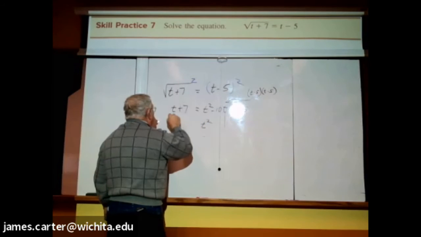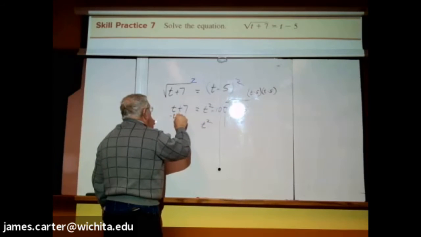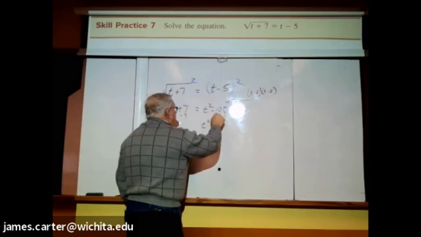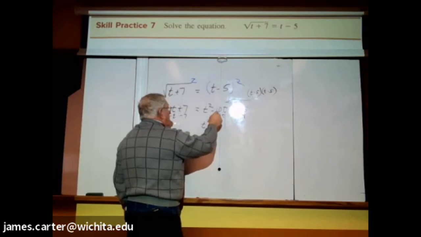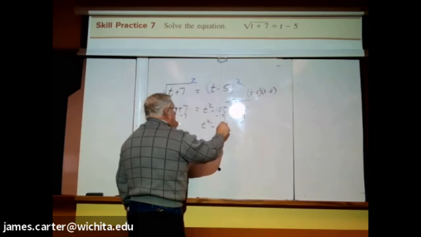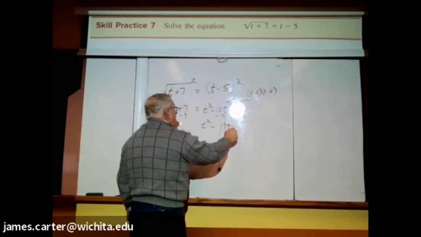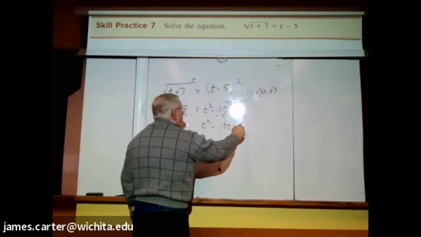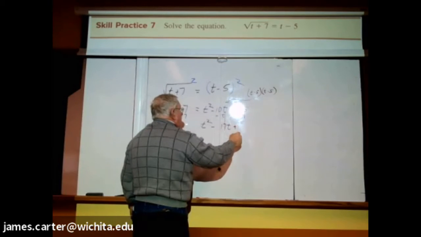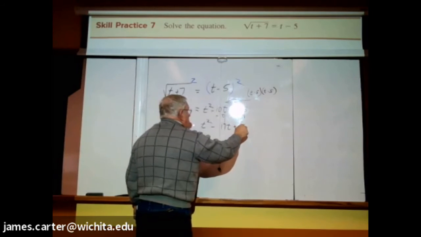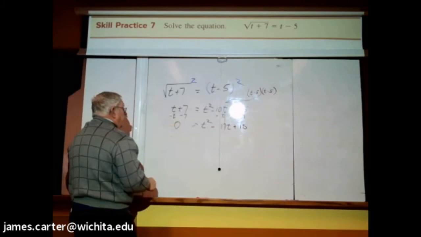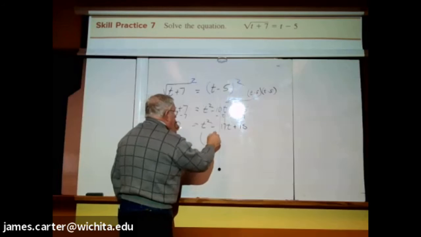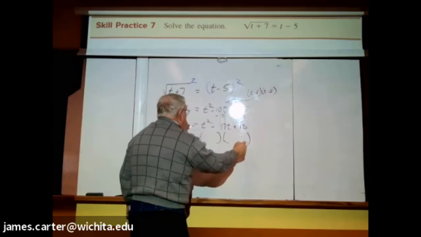T squared, I'm going to add a negative t and a negative 7 on these. So here I get negative 11t, and here I get 25 minus 7 is 18, so 0 equals t squared minus 11t plus 18. I try to factor this.